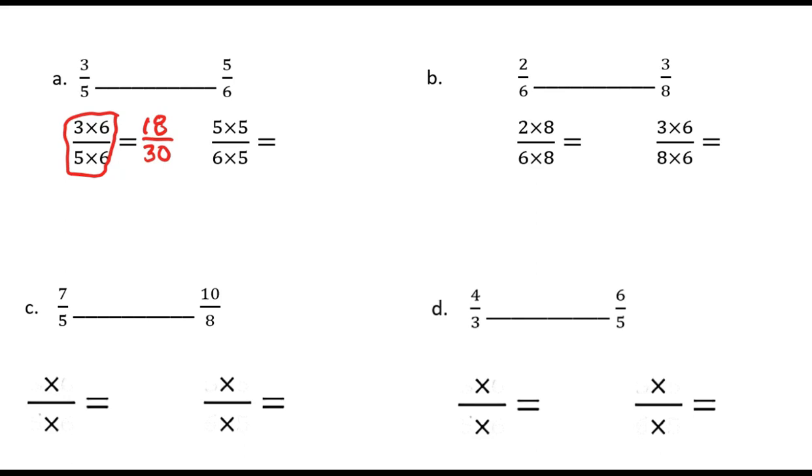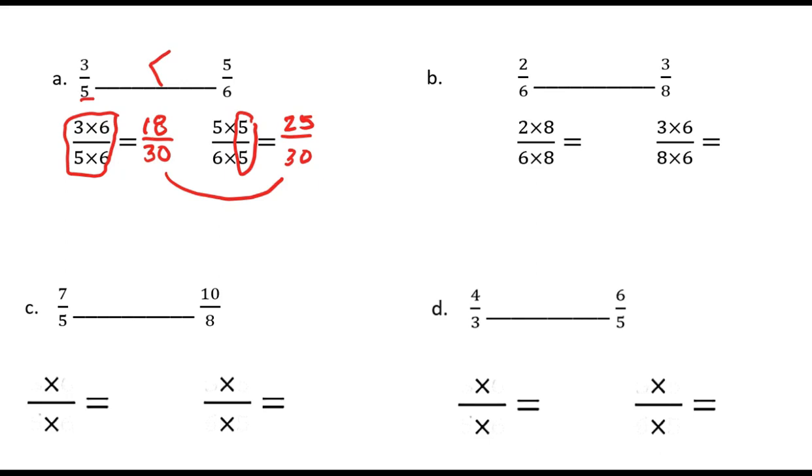And then in my 5/6 area model, I would copy over my fifths. And that's the denominator from the first fraction. 5 times 5 is 25. 6 times 5 is 30. So now I'm comparing two fractions that both have 30 as a denominator. I'm comparing 18/30ths to 25/30ths. 18 is less than 25, so 3/5 is less than 5/6.